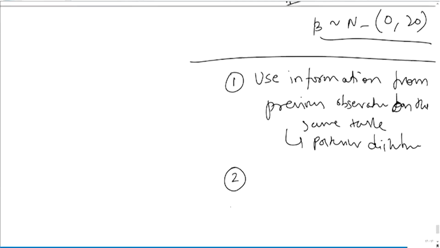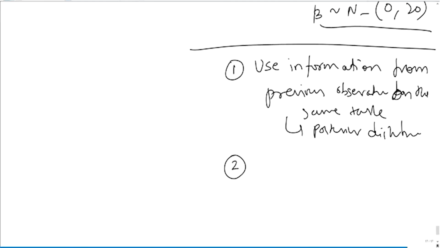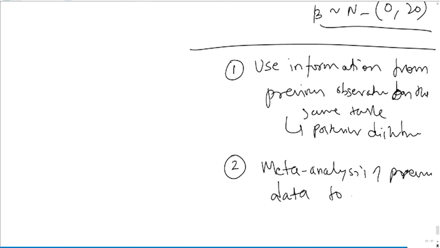Second, you can do a much more systematic process to retrieve information from previous studies. What you can do is something called meta-analysis of previous studies, of all previous data, to infer a prior for theta.